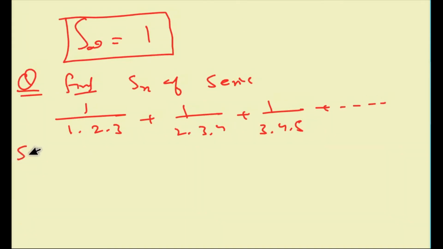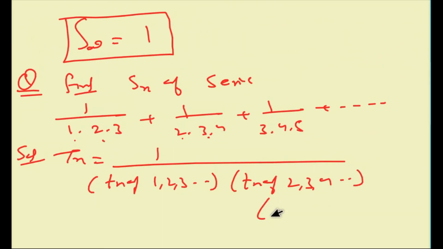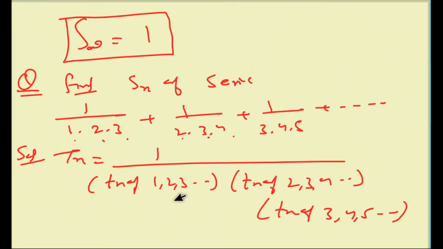So here we can see Tn of this series is 1 upon the product of 1, 2, 3 and 2, 3, 4 and 3, 4, 5. So now using AP, here is also AP, here is also AP, you can find the Tn.